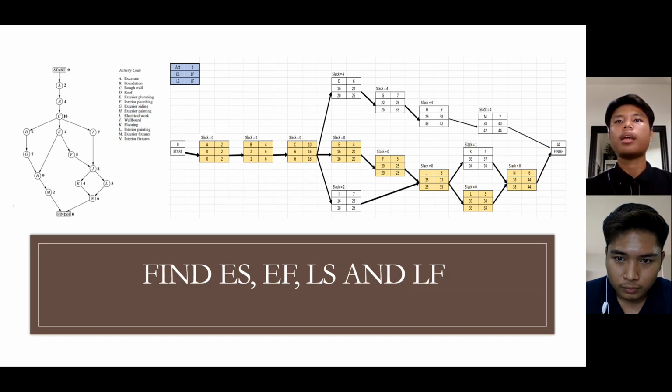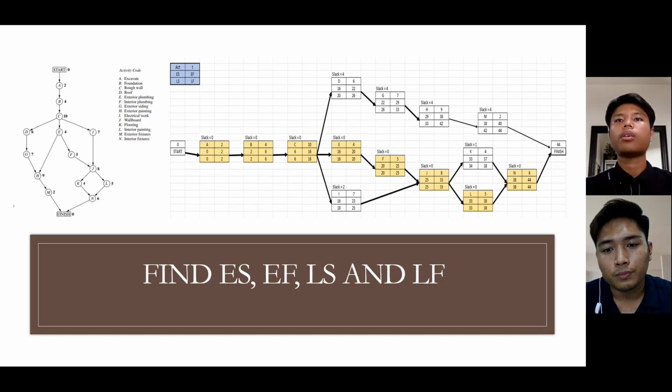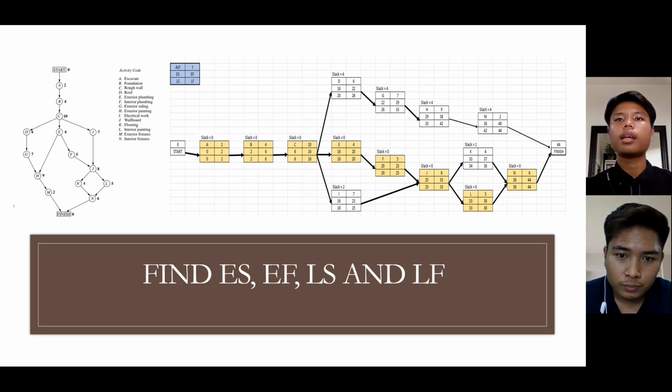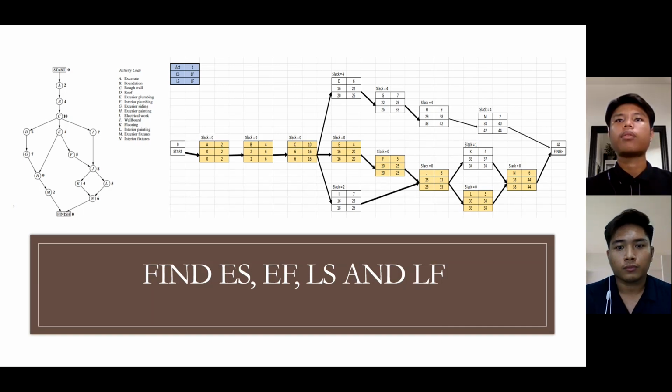For activity F and activity I, after that we have activity J. The early finish for activity F and activity I have different times, which are 25 and 23. So for the early start for J, we choose the biggest early finish, from activity F, which is 25. So we put 25 as the early start for J.